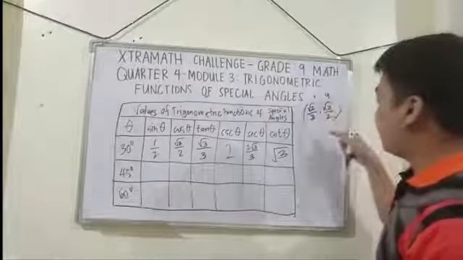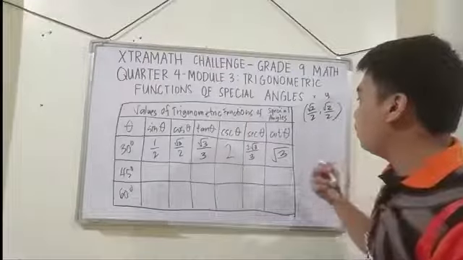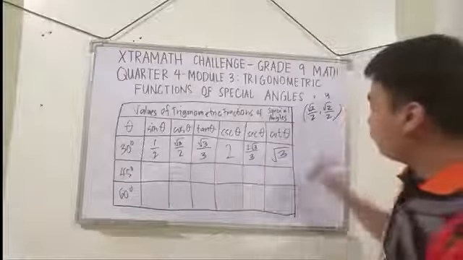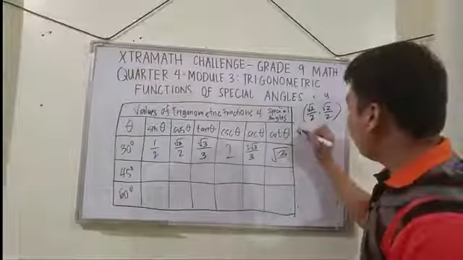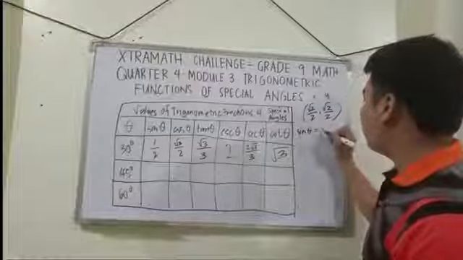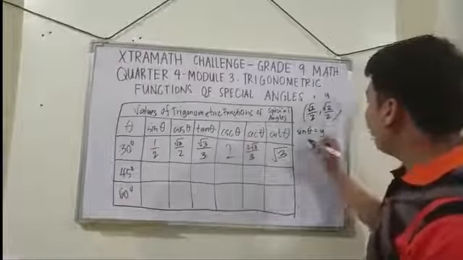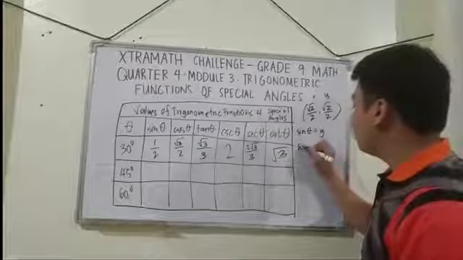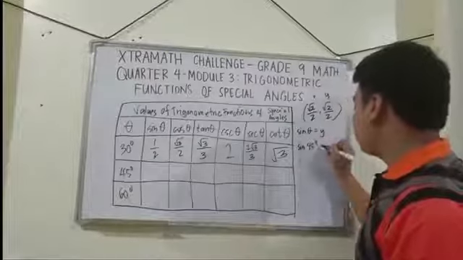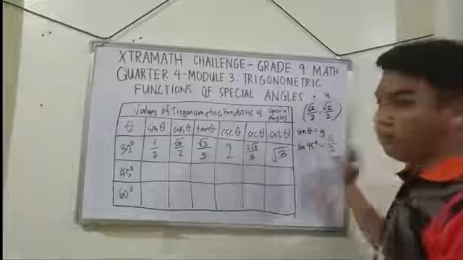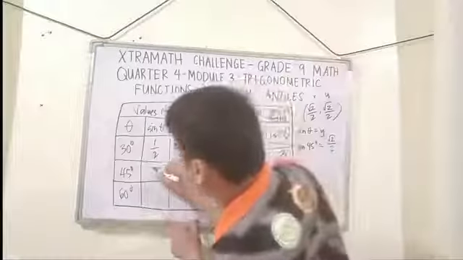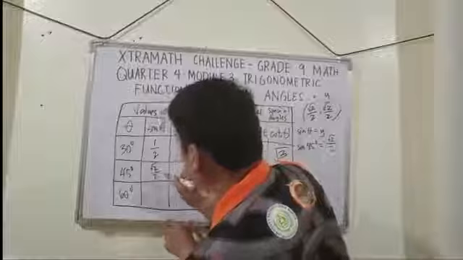So x and y are both equal to square root of 2 over 2. For sine, remember that sine theta corresponds to y. And since our y is equal to square root of 2 over 2, that means sine of 45 degrees is equal to square root of 2 over 2.